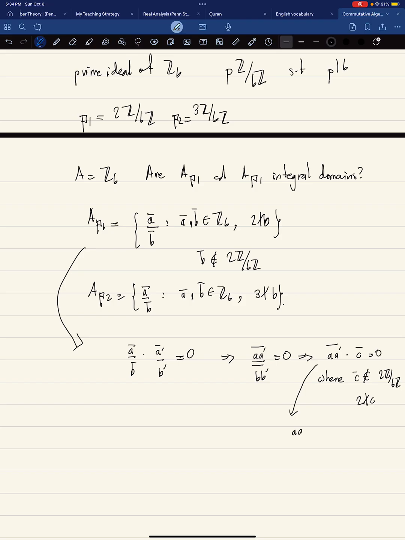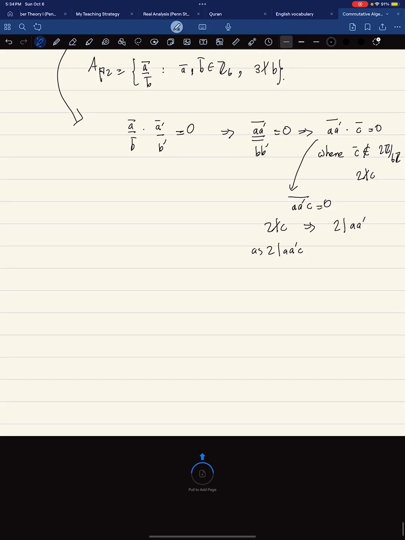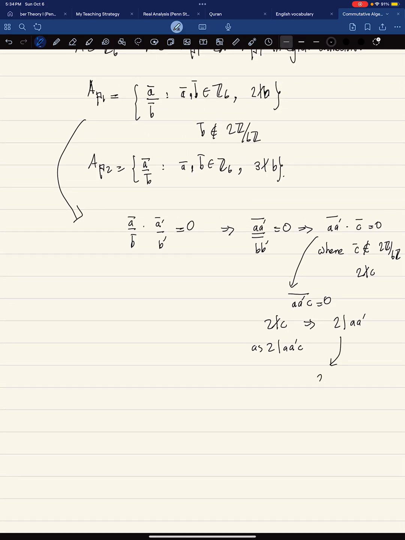Because this thing means 6 divides a a' c, and 2 does not divide c, it implies that 2 divides a a', which in turn implies that 2 divides a, or 2 divides a'.